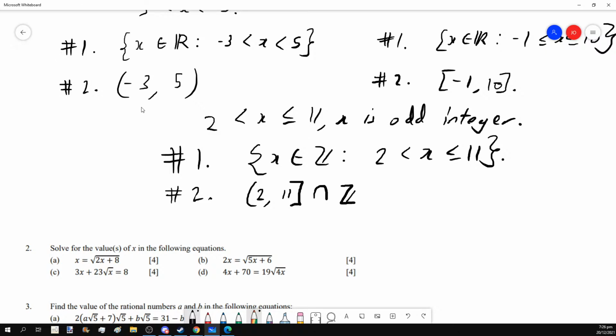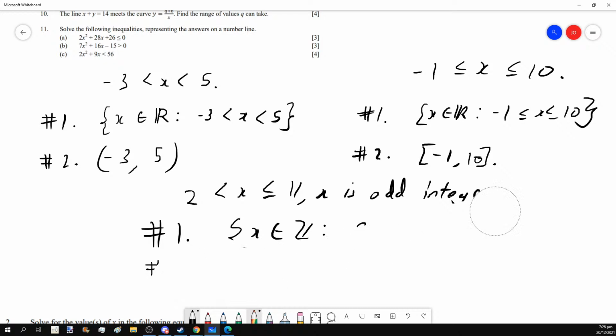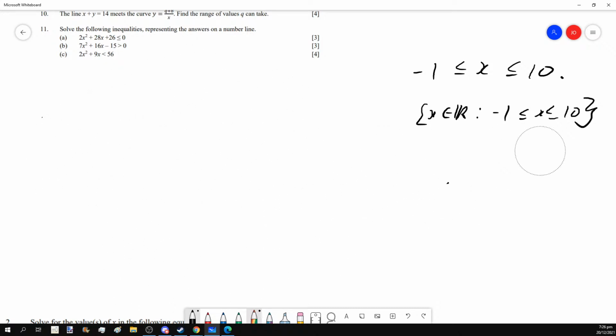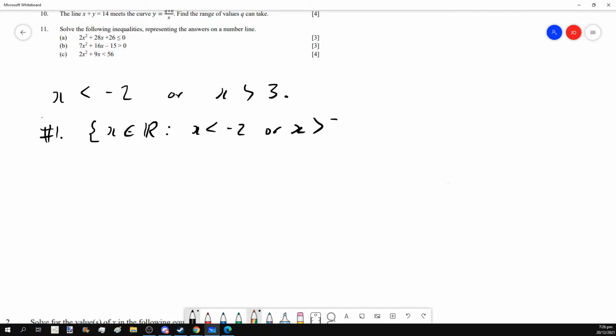Right? And if you have ranges that are split apart, the language of math and English can still be reasonably combined together. For example, if I have x < -2 or x > 3, then option 1, set builder notation, will simply be x is a real number such that x is lesser than -2 or x is greater than 3.